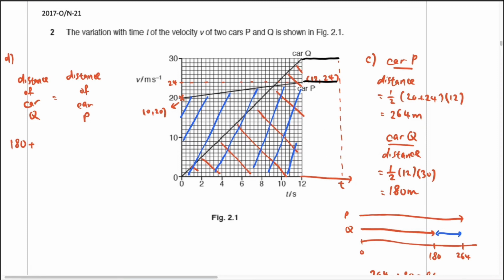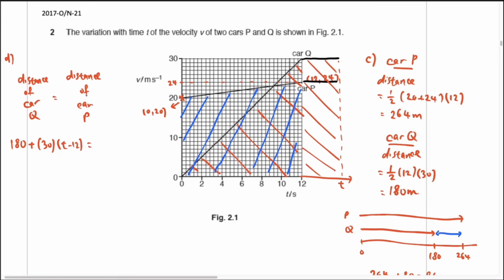So I can calculate the area of the rectangle easily for this part. The height is 30, the base is t minus 12. So 30(t minus 12) is the area under this particular column.